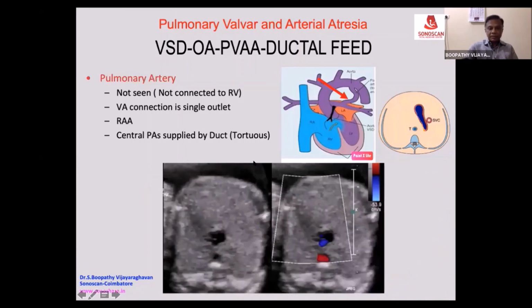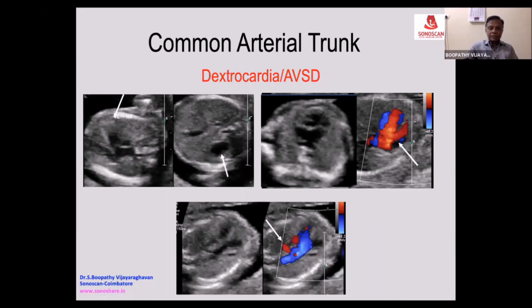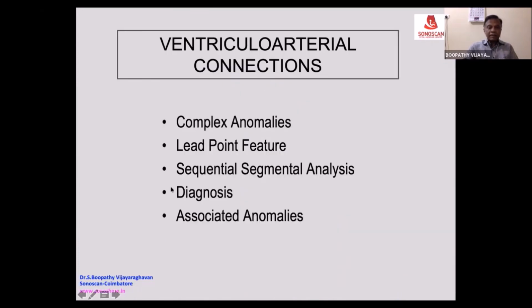In the video, in the four-chamber view, you see the boomerang sign and in color a central single flow, that is the AV valve, the pulmonary veins draining into the left atrium, and you see a single large vessel. The final diagnosis is either TGA, CCTGA, common arterial trunk or DORV.